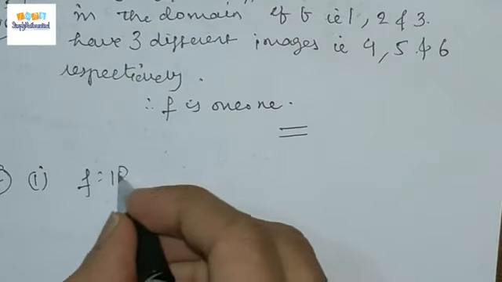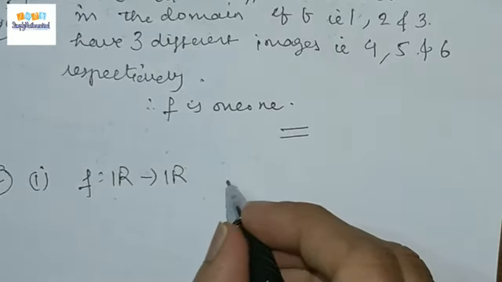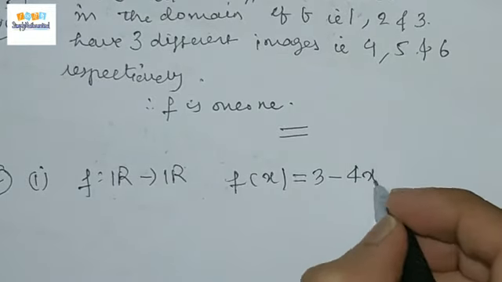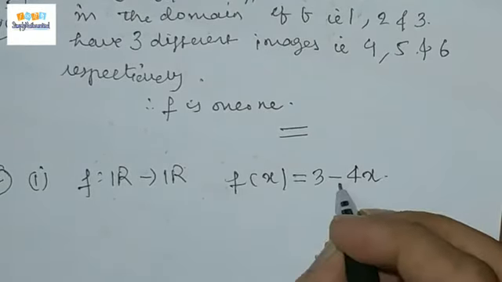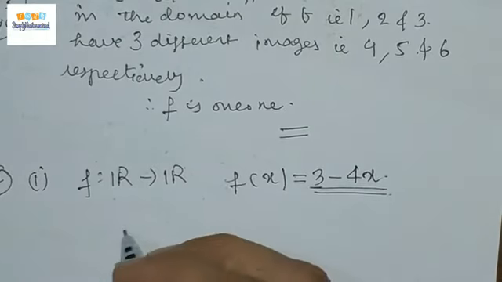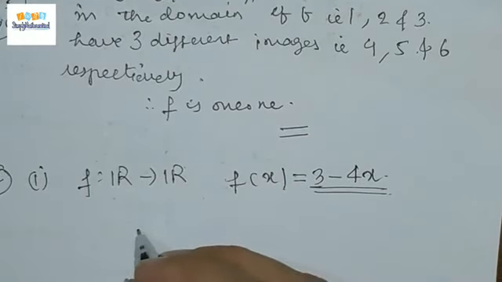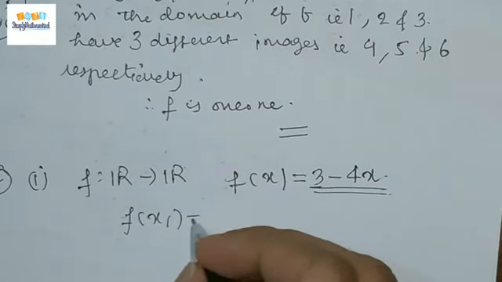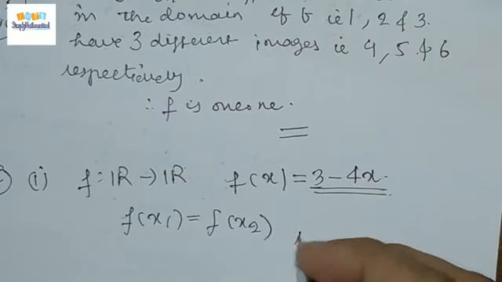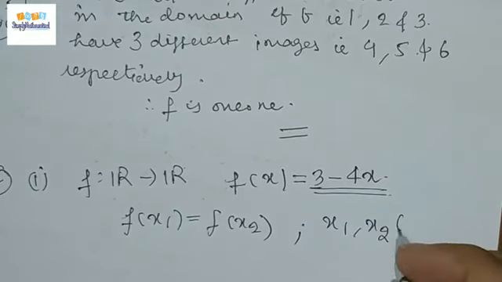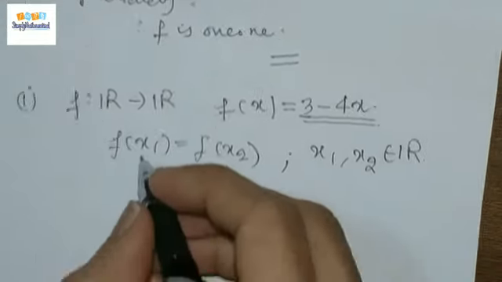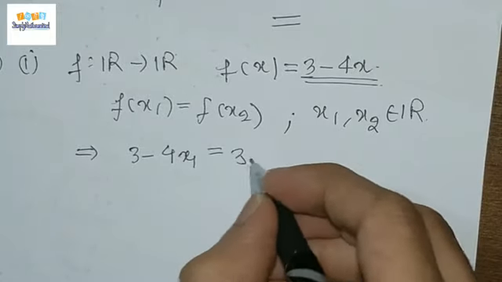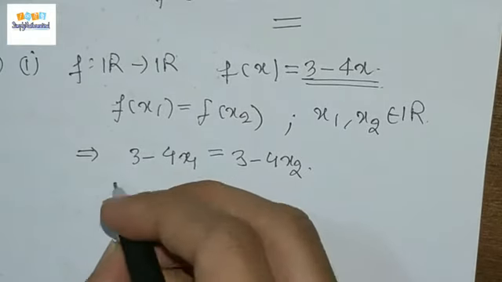So the first function is given as f from R to R defined by f(x) equal to 3 minus 4x. This is a linear function. This looks like it is a one-one function. Now why it is, let us see. Let f(x1) be equal to f(x2), where x1, x2 belong to the domain R. So you will get 3 minus 4x1 is equal to 3 minus 4x2.